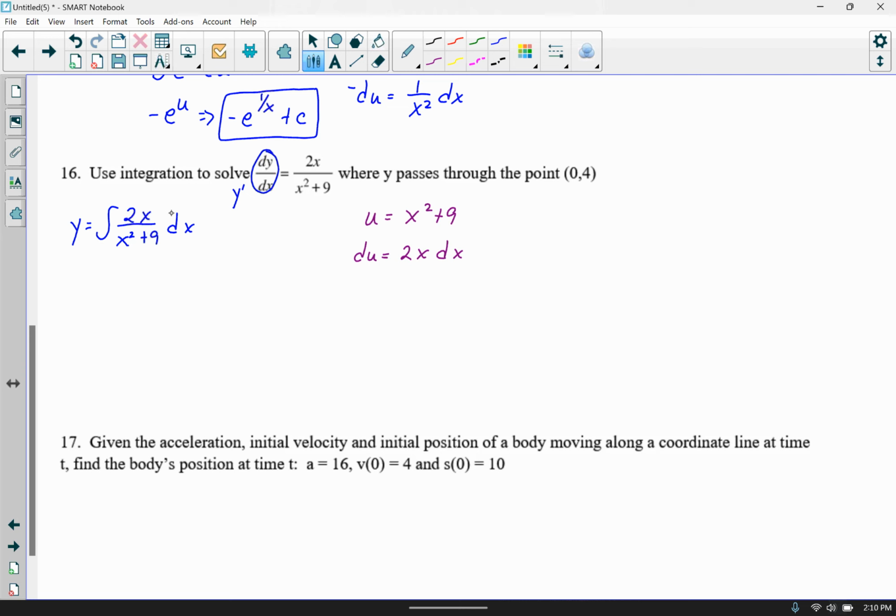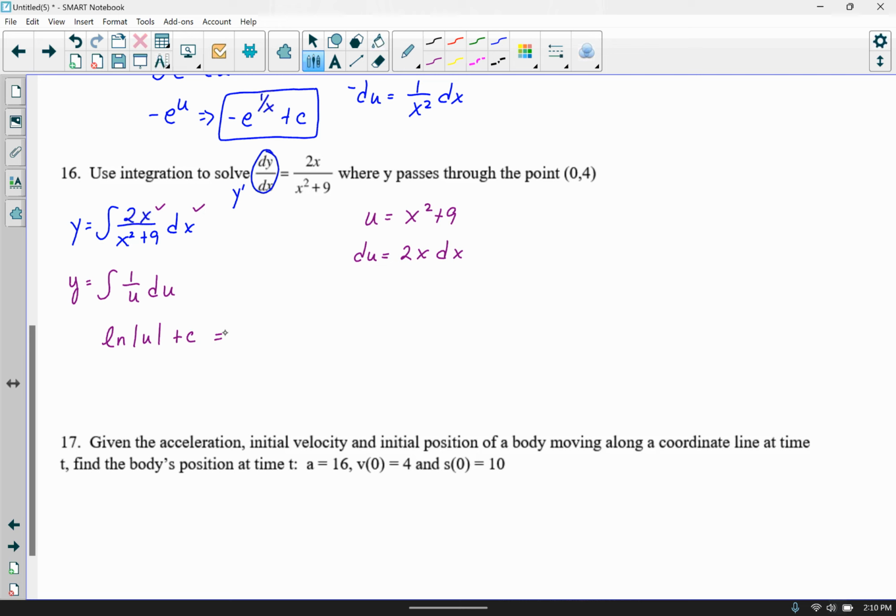That matches up exactly with what we have up there, 2x dx. So then I'm left with y equals the integral of 1 over u du. As I reminded you today in class, the integral of 1 over u is natural log of u plus c.